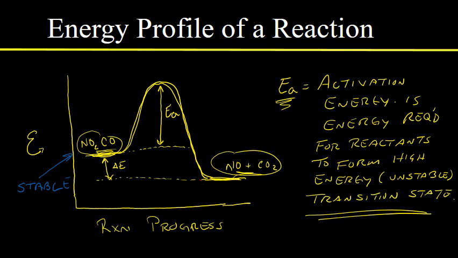Remember that as molecules are bouncing around, it's easiest to think of this in the gas phase, but this is also true in solution. As molecules are moving around, they've all got kinetic energy. And when they collide, that kinetic energy can be converted into chemical energy in order to get the molecules up to that high energy state in order to undergo that transition. Okay.